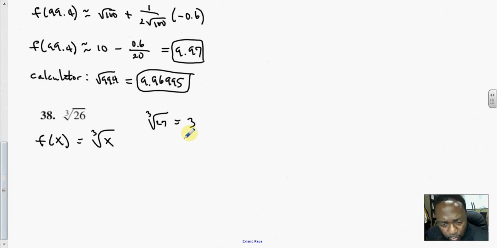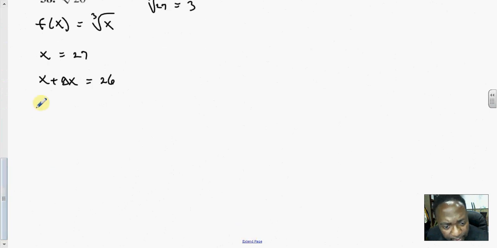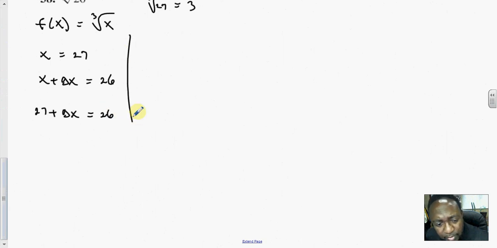So we set x equal to 27, and x plus delta x should give us 26. If x is 27 plus delta x equal to 26, then obviously delta x is negative 1.